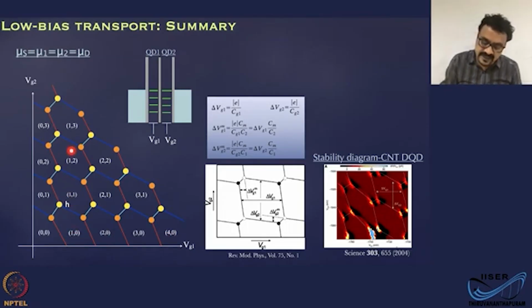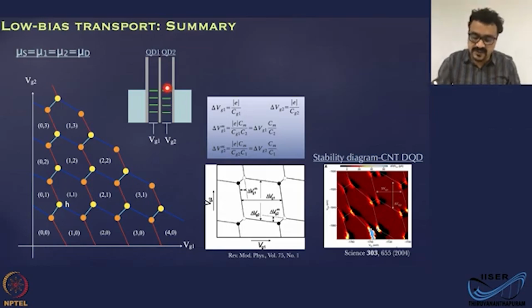And if you go vertically, you have VG2 increasing. That means you are pulling the levels of quantum dot 2, then that dot is going to get filled with electrons in a sequential manner. That is 0 0, 0 1, 0 2, 0 3, and so on. So inside the hexagonal region, the charge is stable, or charge cannot change, and the transport is blocked.